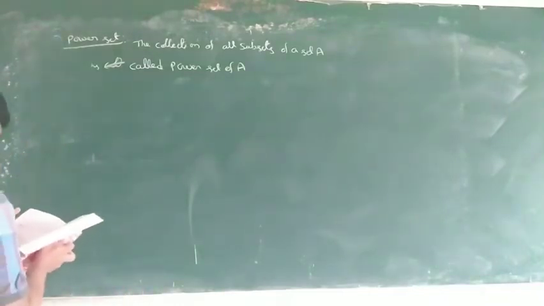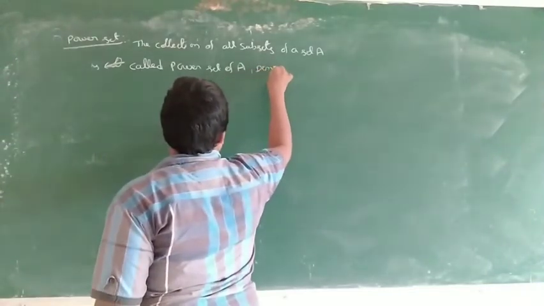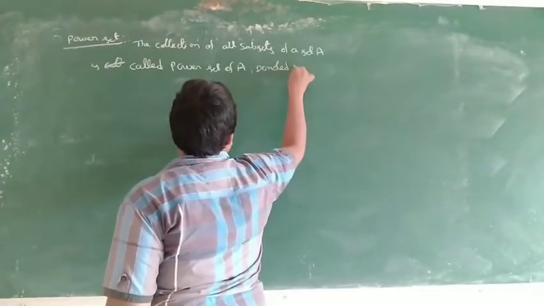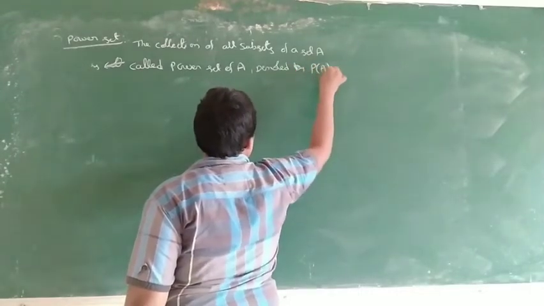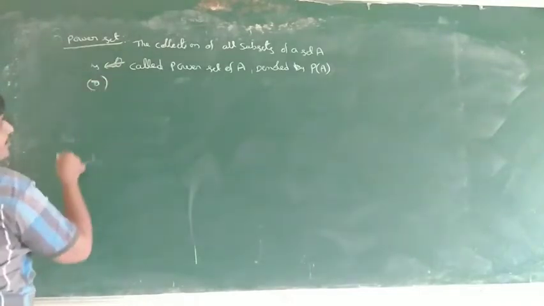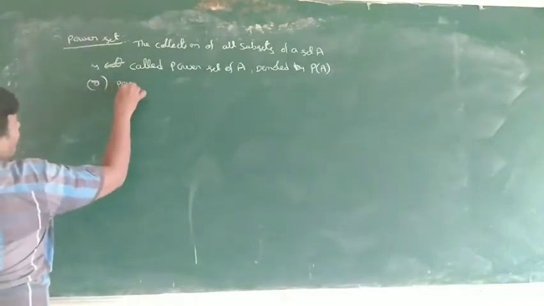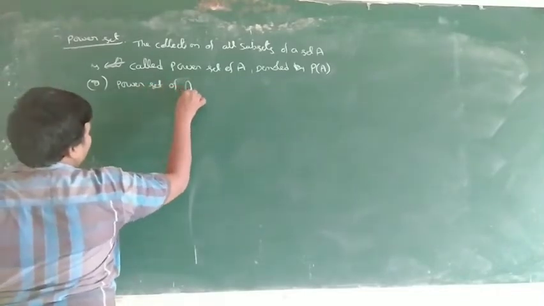The power set of A is denoted by P of A, or capital P of A, or power set of A. What is the meaning?